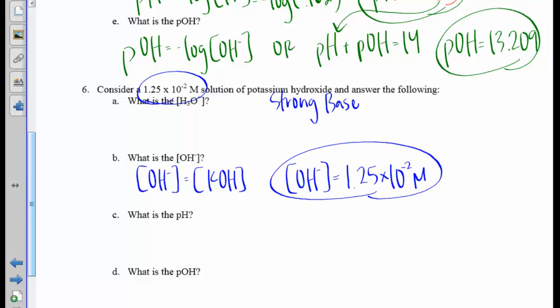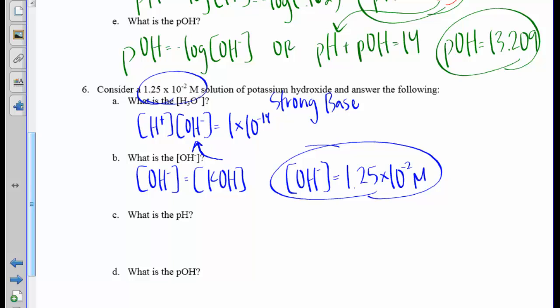Now that I have that piece of information, I know that the hydrogen ion concentration and the hydroxide ion concentration are related, so I can use that to solve part A. So the hydrogen ion concentration times the hydroxide ion concentration is equal to 1 times 10 to the minus 14. So I can just plug this value in here and solve for the hydrogen ion concentration.